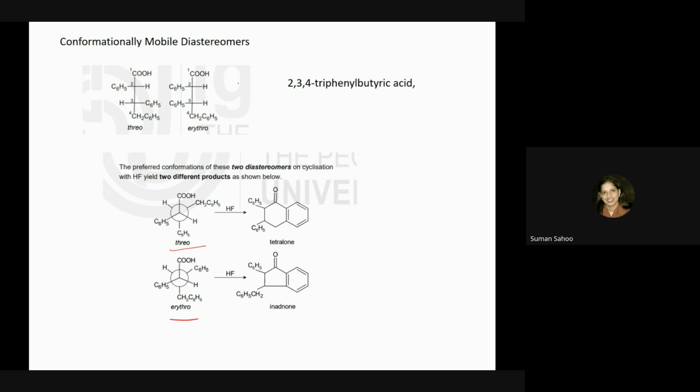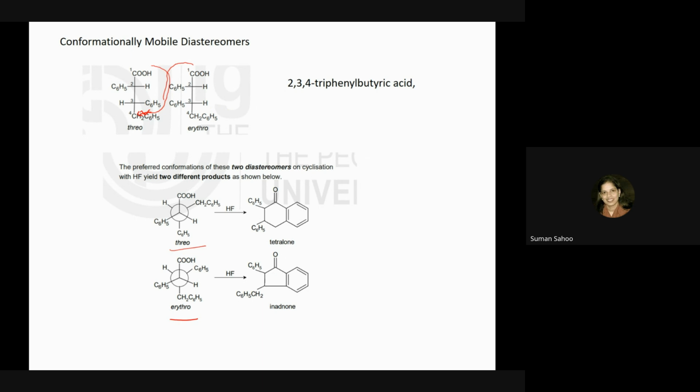In the case of threo, it involves the cyclization of the COOH group onto the benzene ring here. But in the case of erythro, it does not go there. Rather, it forms a compound with a five-membered ring.